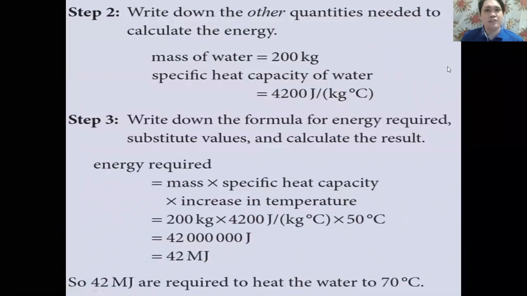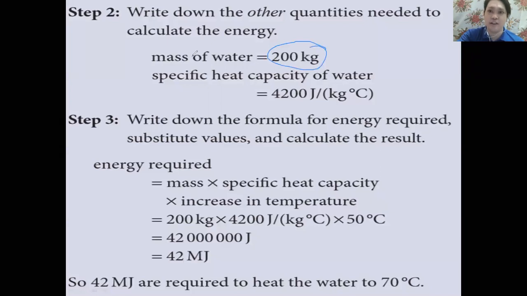Now, to write down the other quantities, as I have written a while ago, step number 2 is to write down the other given. The other given that we have is the mass of water, which is 200 kilograms, and the specific heat capacity of water, which is 4,200 joule per kilogram degrees Celsius.